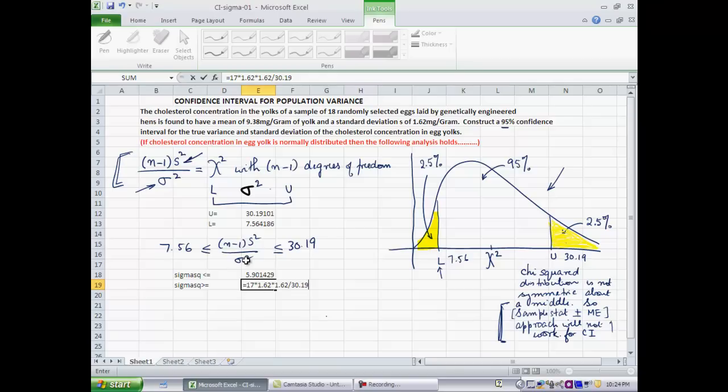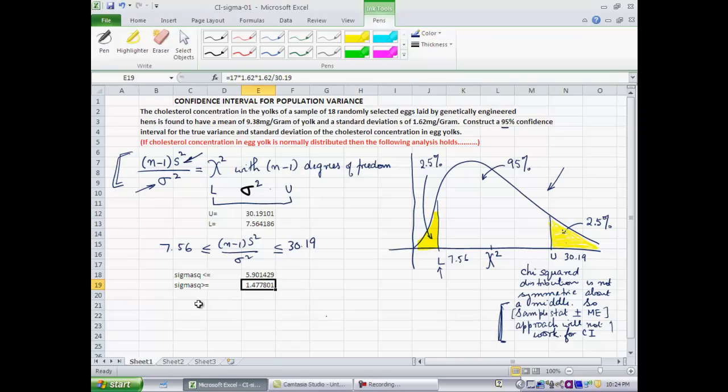I just took sigma squared, moved it over to the other side of the inequality, took the 30.19 and moved it down back here. So again, flipped around some of the variables and constants to get the value that I need. So this is 1.477. Let me just check the calculation once again. It's 17 degrees of freedom times 1.62 times 1.62, the sample variance, divided by 30.19.